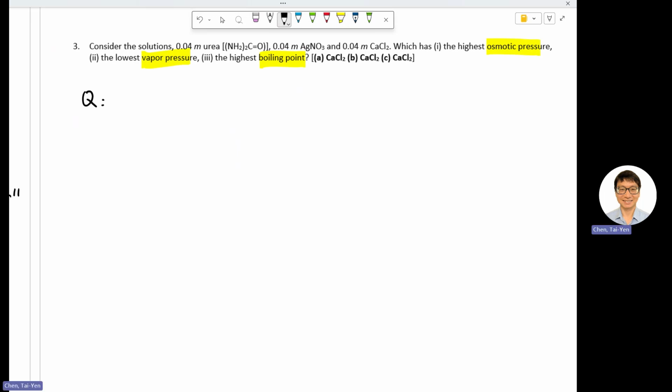Okay, so the question says I want to have these three things that you need to solve, right? The one that has the highest osmotic pressure is the one with the highest effective concentration, right?